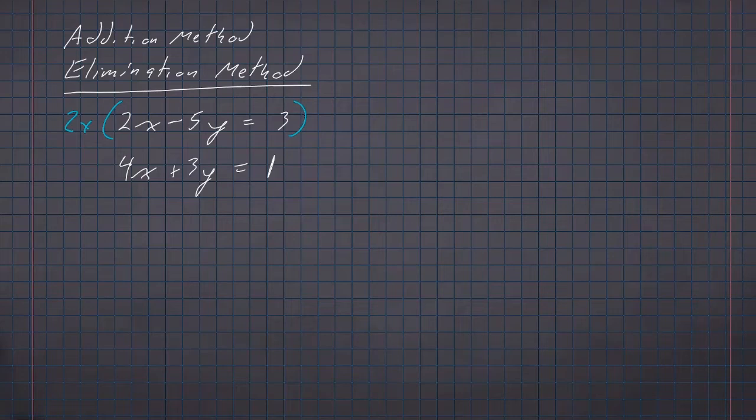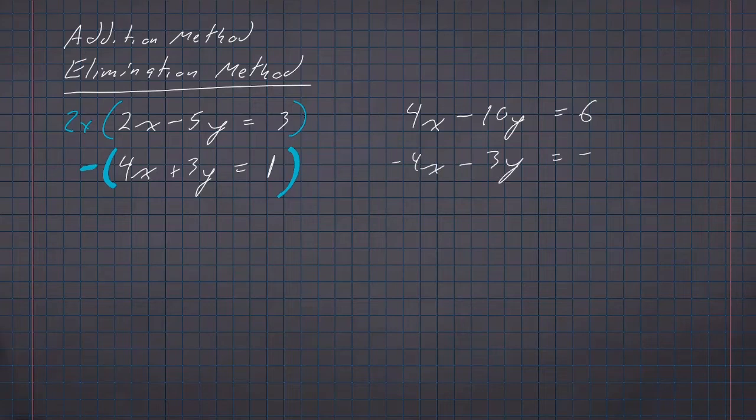When I do that, I get 4x minus 10y equals 6. And I'm going to take that second equation and I'm going to multiply by -1. When I do that, I get minus 4x minus 3y equals -1.